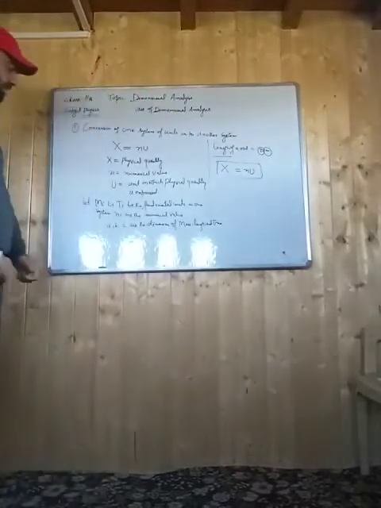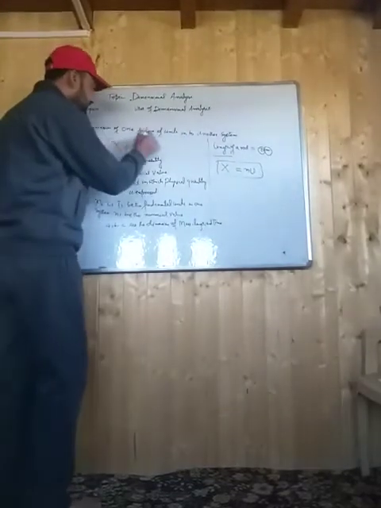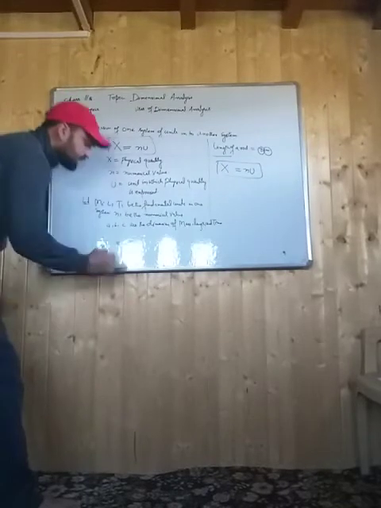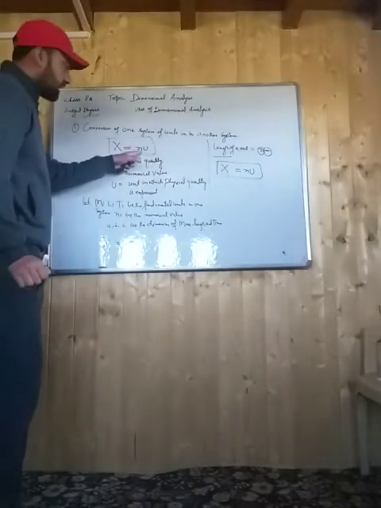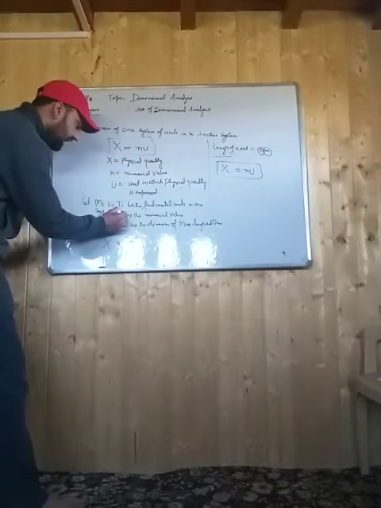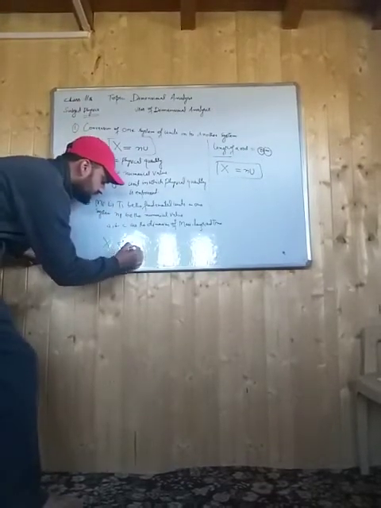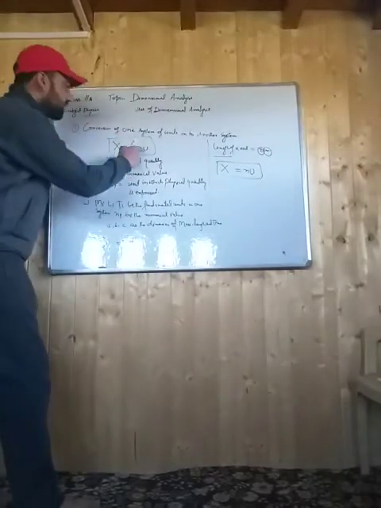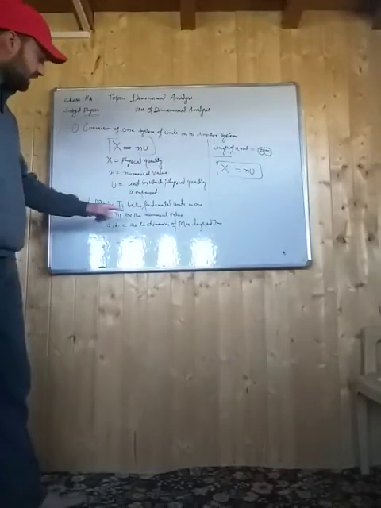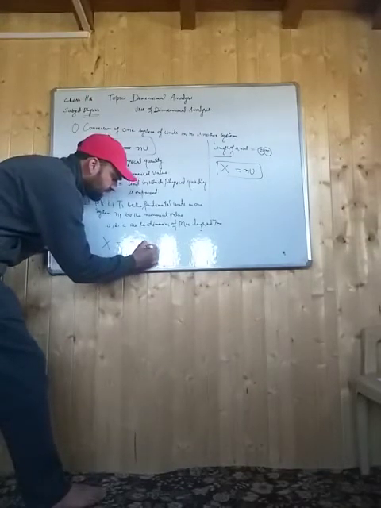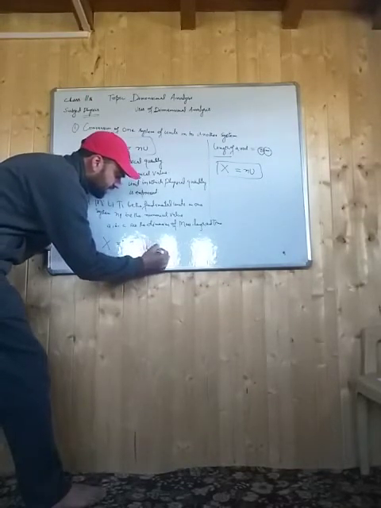Then this relation can be written in this form: x, the physical quantity, is equal to n, the numerical value. In the first system of units, we write it as n1. Here u represents the units, and the units are m1, l1, t1.